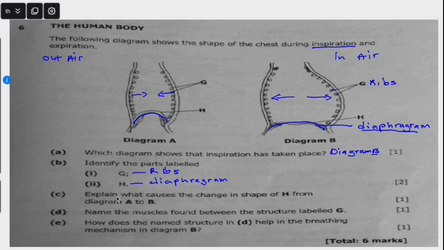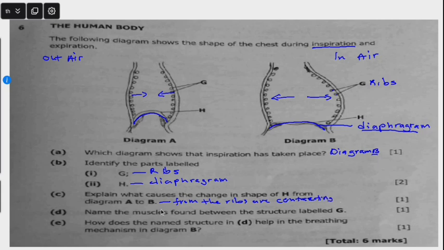Since it is saying explain what causes the change in shape of H from diagram A to B, we are going to find that from A, as you can see here, the ribs are contracting.